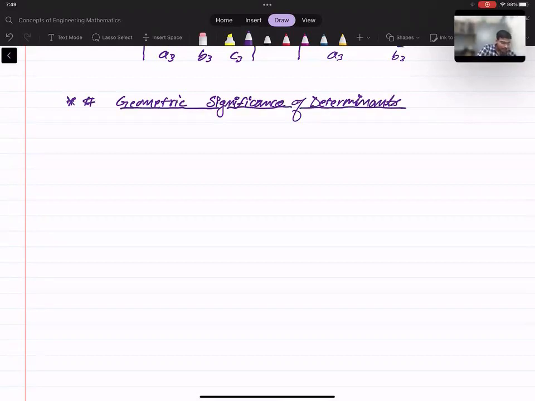So as I have mentioned, we have two conditions. The equation of a line passing through two given points can be found using a determinant.